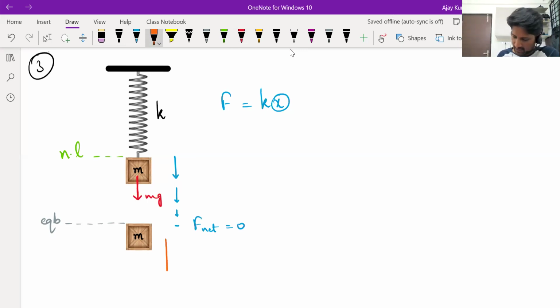tell me, will it have gained any velocity, or the moment it comes to equilibrium position, it will stop? Will it be having any velocity at this position or not? Is my question.